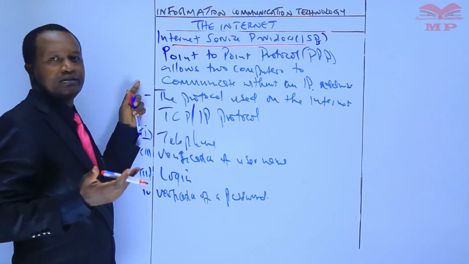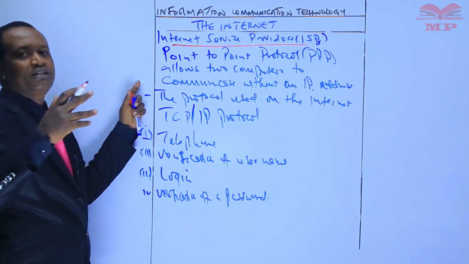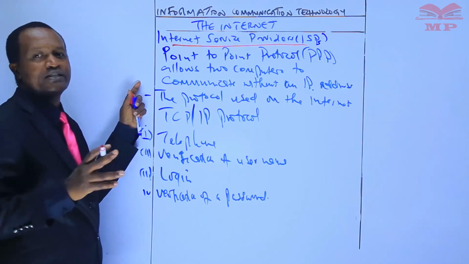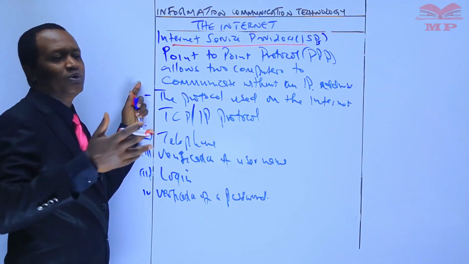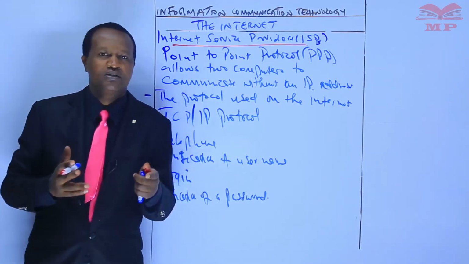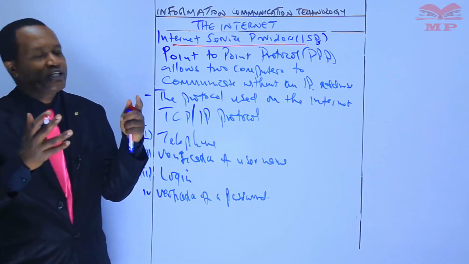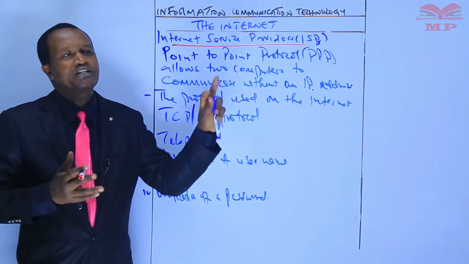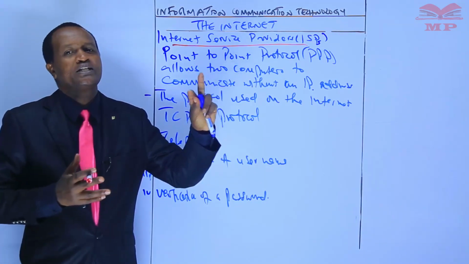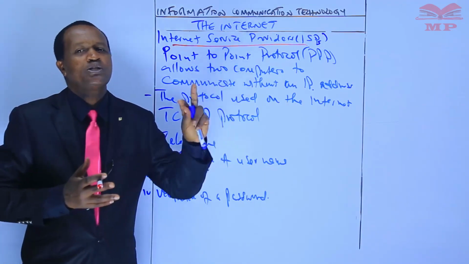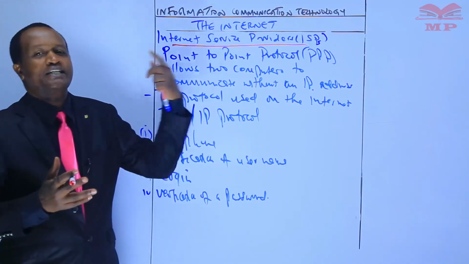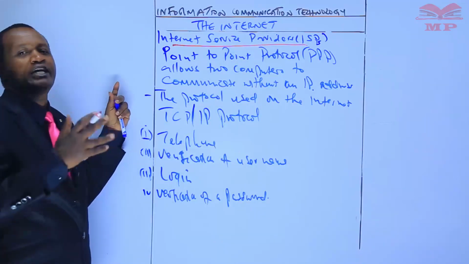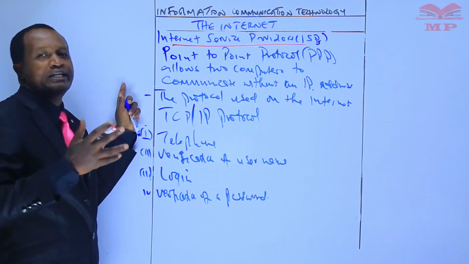So then, the ISPs, the internet service providers, come in between, because the internet service provider is connected to the internet using many specialized lines, which then give access to the internet using a number which one now can enter.